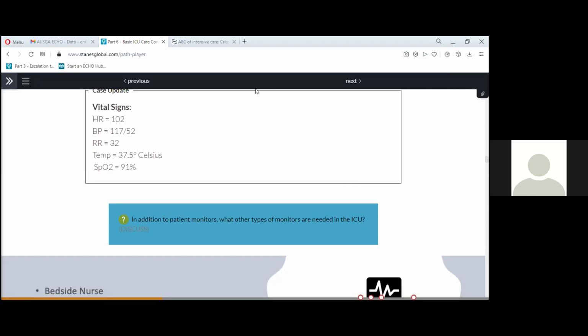Echo, usually transthoracic, but of course, if you need, then transesophageal is more specific. We've talked about transcranial Doppler, EEG, CTG. We also have glucometers, because that also helps to monitor.